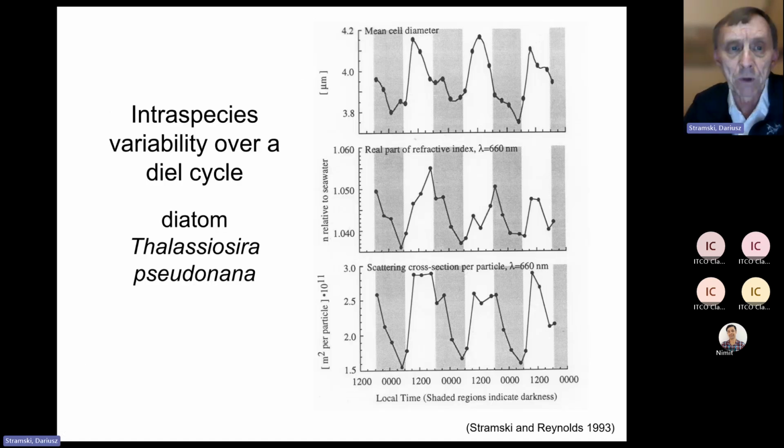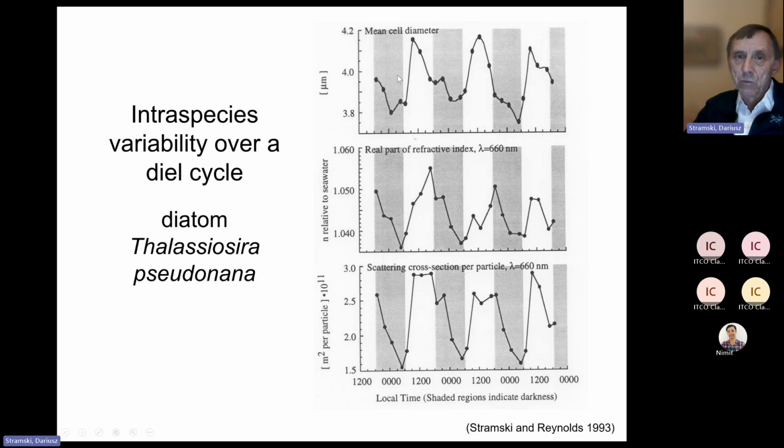The second example of intraspecies variability is associated with potential variations induced by the day-night cycle. Here you have example data from a diel experiment with a small diatom, Thalassiosira pseudonana. These cells are about 4 micron in size. The experiment was conducted over 3 days, so night, day.